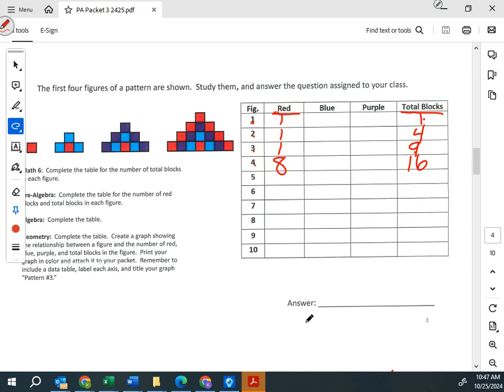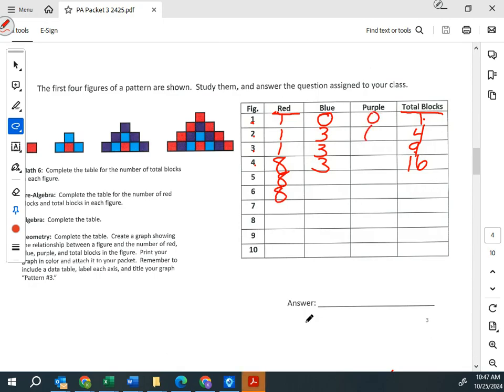For me personally, I didn't sit down and figure out what the pattern was. I figured out how many blues and how many purples. There's 0 blues in that first one, then 3, then 3, then 3. I knew that reds, it goes on 3s.